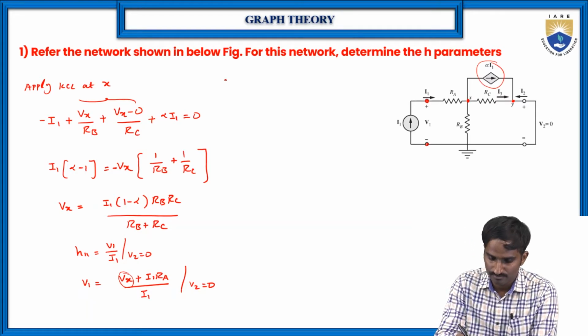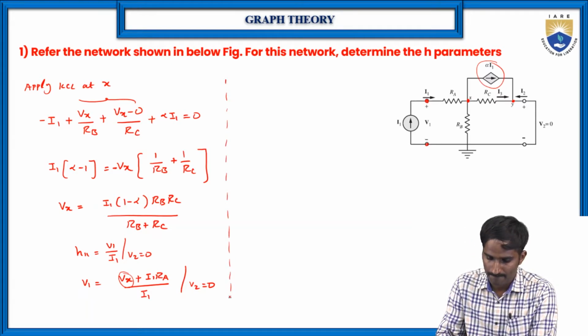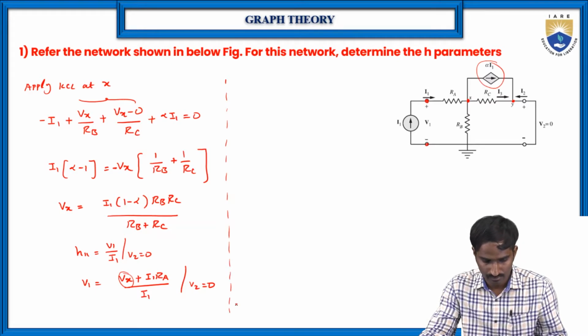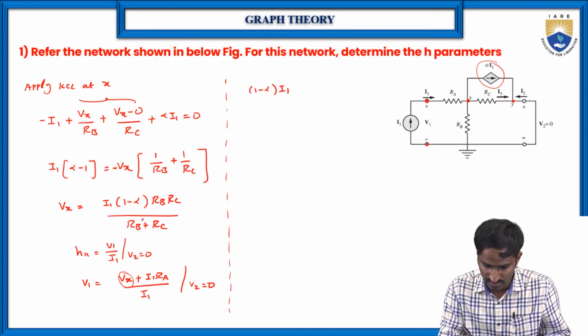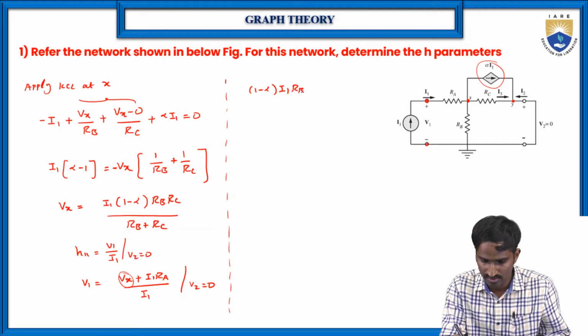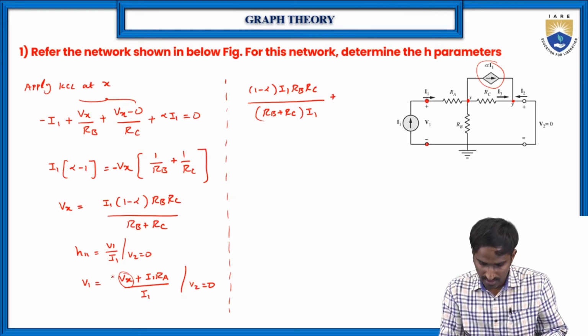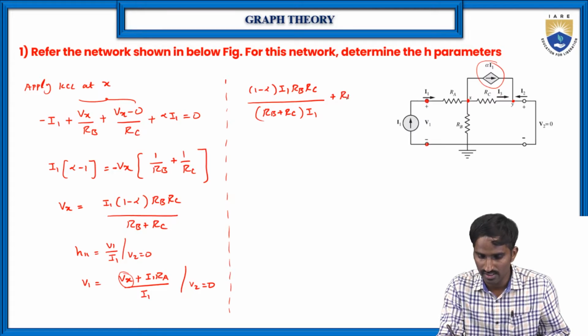If you substitute here, it becomes 1 minus alpha into I1 into RB RC by RB plus RC, plus RA into I1, which is equal to V1.